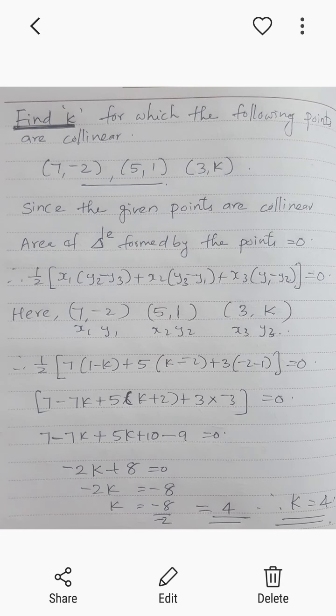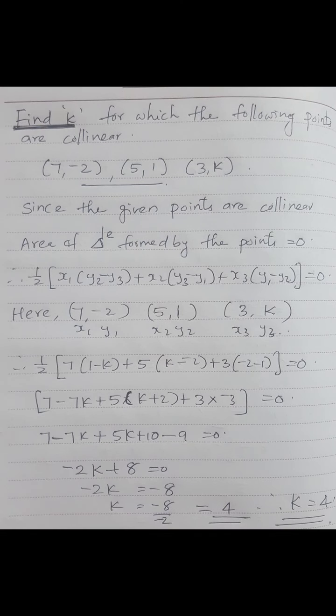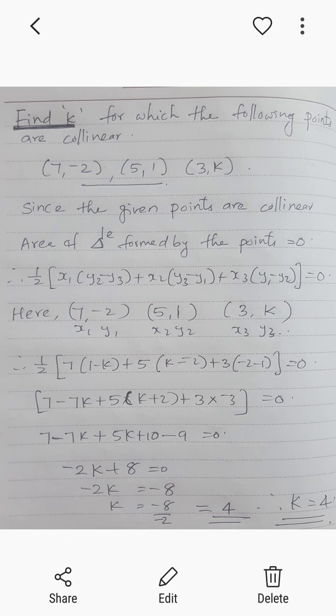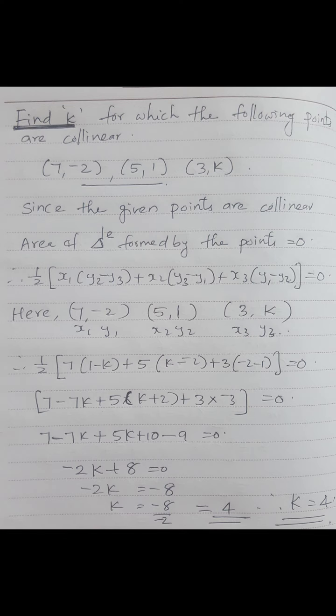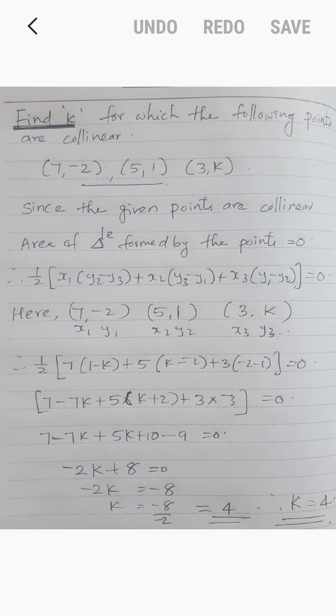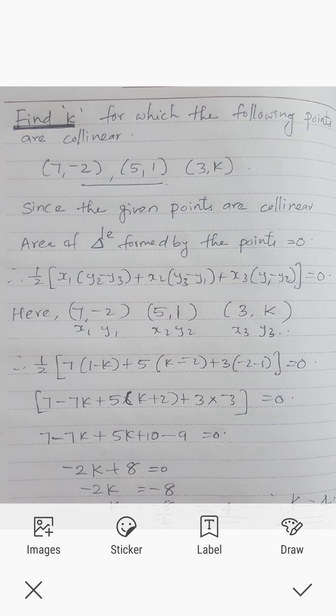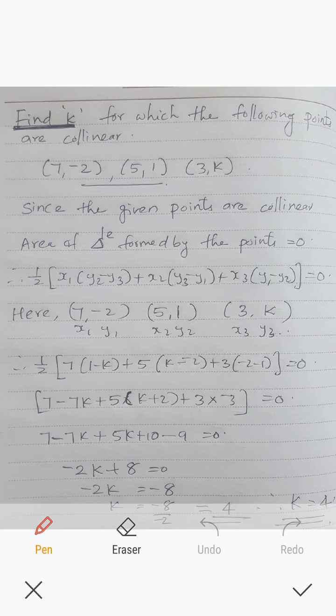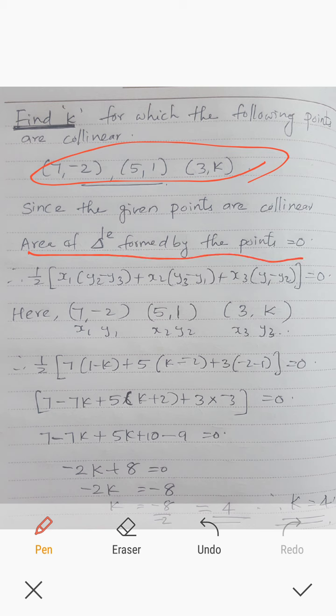Okay. Next, to find k for which the given points are collinear. So what we have to do here is find the value of k. We are provided with the idea that the given points are collinear. We have just now discussed the case of collinear points. If the given points are collinear, area of triangle formed by them will be equal to 0.